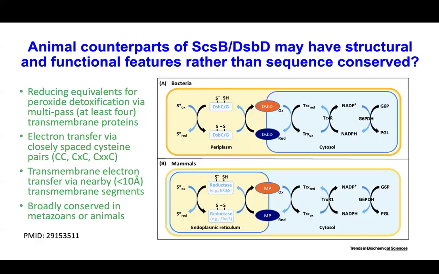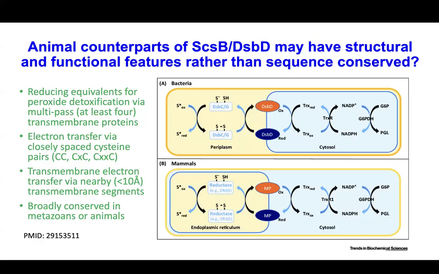Also, the transmembrane electron transfer has to occur through nearby transmembrane segments within 10 angstroms. And of course, since we are looking for a eukaryotic counterpart, we would anticipate the candidate would be broadly conserved in multicellular organisms or in all animals.